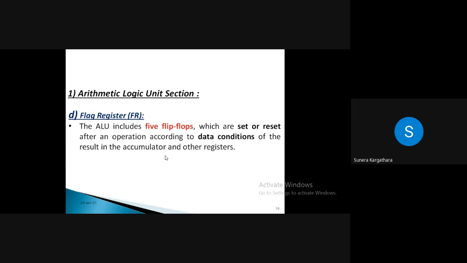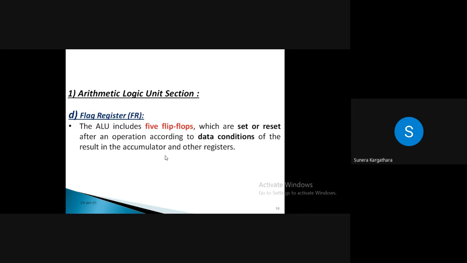Adding, subtracting, multiplying, dividing, rotating, shifting: all these operations are performed inside the arithmetic and logical unit. It takes the data for the operation from the accumulator and temporary register, and the result is always available in the accumulator, right?